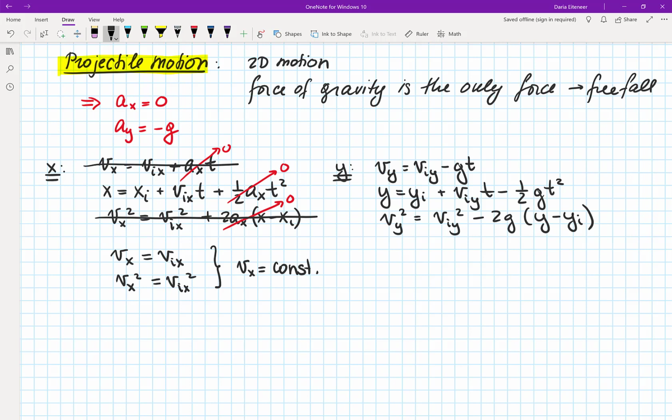Now, the second equation here, I'm going to rewrite as x equals x initial plus vx t, right? So if I already know that velocity in the x direction is constant, I might as well just call it vx as opposed to vix.